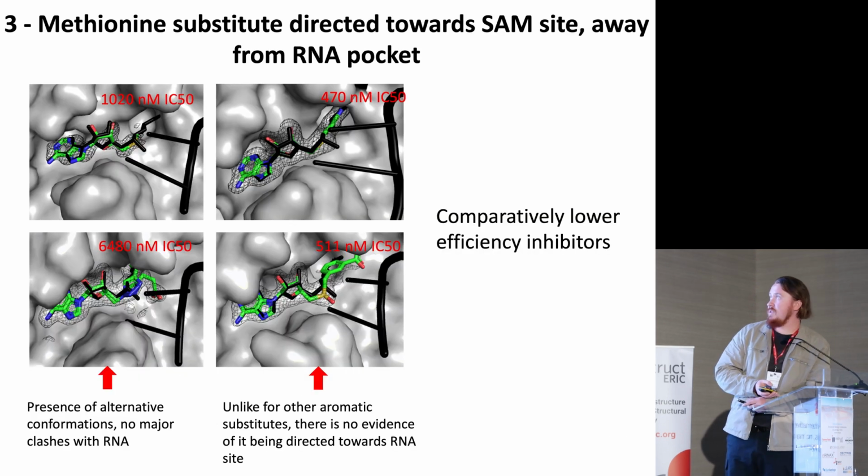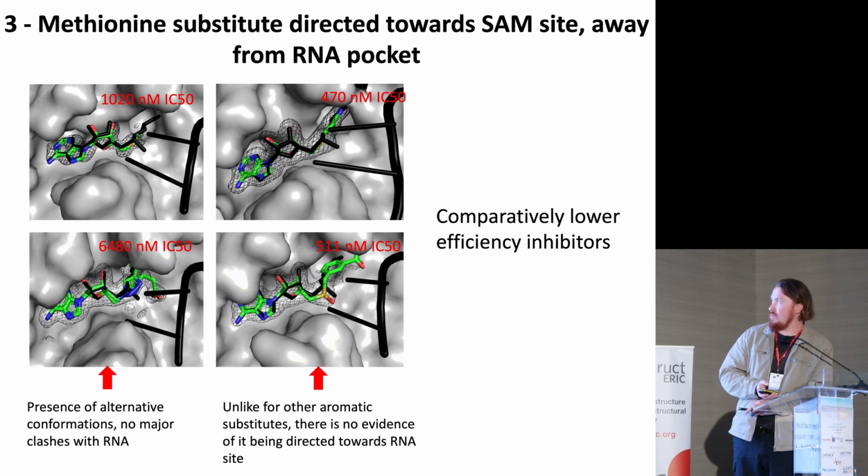However, for the third group that followed precisely the adenosyl-methionine, you can see first that the IC50 values are much higher, so these are not such potent inhibitors. Although the electron density is much better for these side chains, and you can have alternative conformations even here, they still don't clash much with the RNA substrate.